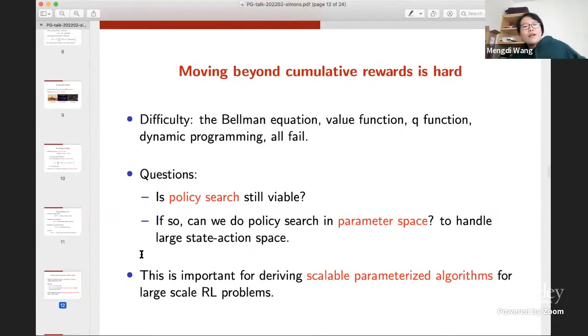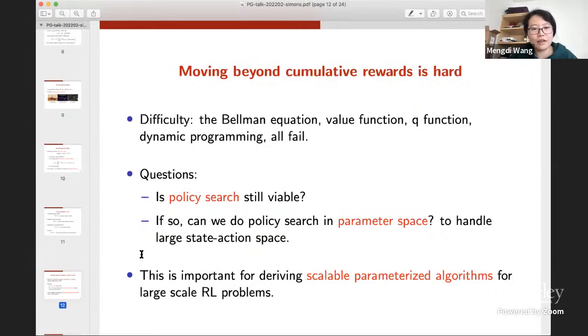Okay, so now what's really interesting here is that if we return to the very basics of MDP and reinforcement learning theory, we quickly realize that almost the entire theory of Markov decision processes relies on the fact that we are working with cumulative rewards. So if we consider a more general utility function to maximize, we no longer have additive rewards.